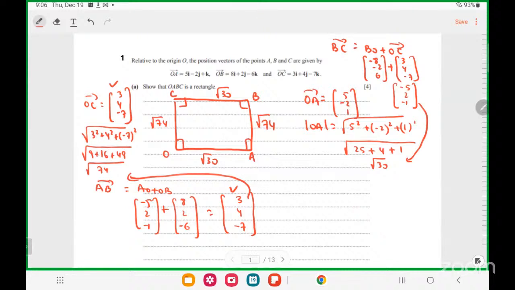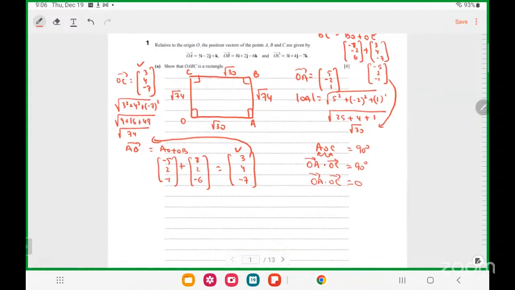So if you prove that any one pair of adjacent sides intersects at a right angle, that is enough. So angle AOC has to be 90 degrees. So we need to check OA dot OC is 0. I hope everyone agrees with this. OA is (5, -2, 1).